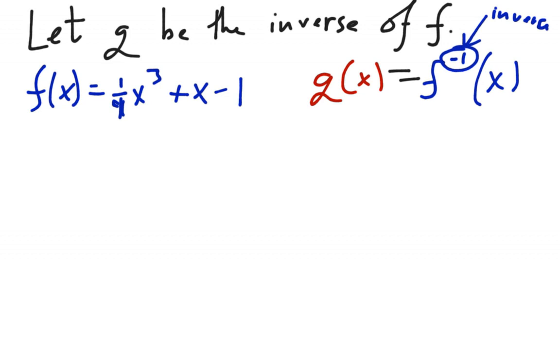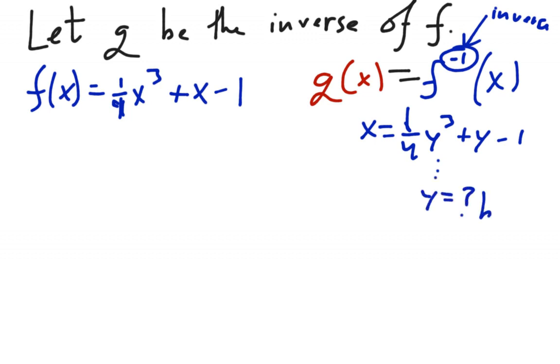Well, if we try that here, x equals 1/4 y cubed plus y minus 1, and then I try to solve for y, that's going to be icky. I don't like it, because it's cubic, and that's kind of gross. No, can't do that.